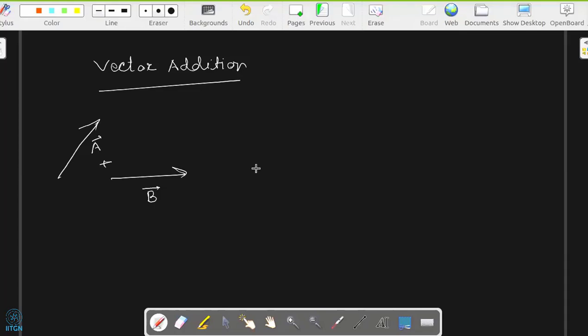Let's say we have vector B. On the head of this, we keep the tail of vector A. We draw a line joining the tail of B to the head of A, and this is B plus A.